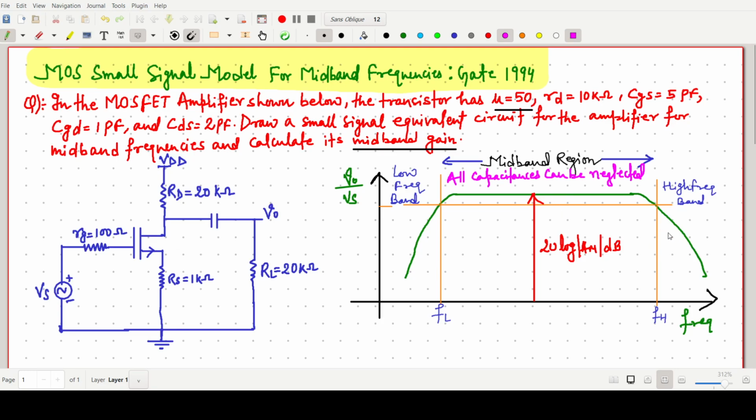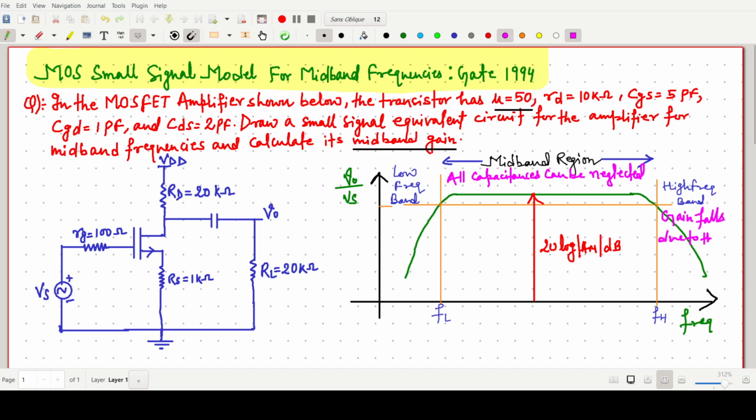In the high frequency band, the gain falls due to the internal capacitances.